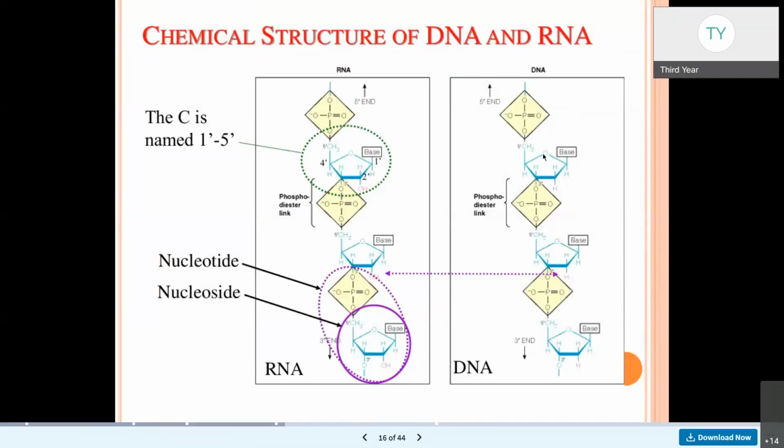When the deoxyribose sugar at its 5' carbon atom is joined with the phosphoric acid, then that end is the 5' end. And when the 3' end of the sugar is joined with the phosphoric acid of the previous nucleotide, then that end is the 3' end.